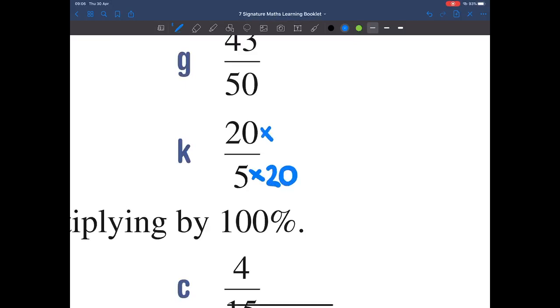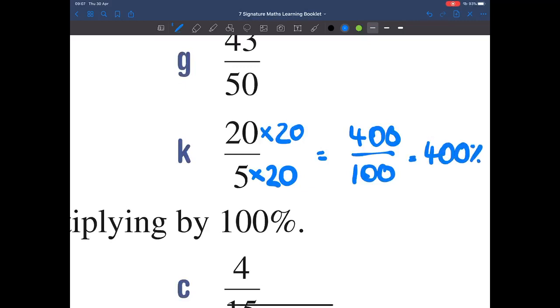But whatever you do to the bottom, you do to the top, and you get, big number here, 20 times 20, that's 400 over 100, which equals 400%. Why is it 400%? Well, the bottom number is 100, so you just read the top number and say percent on the end.